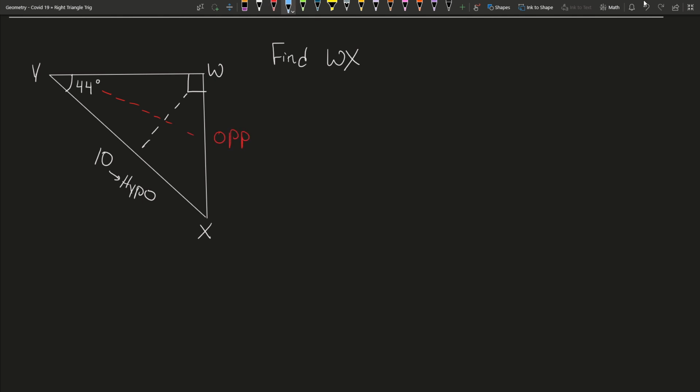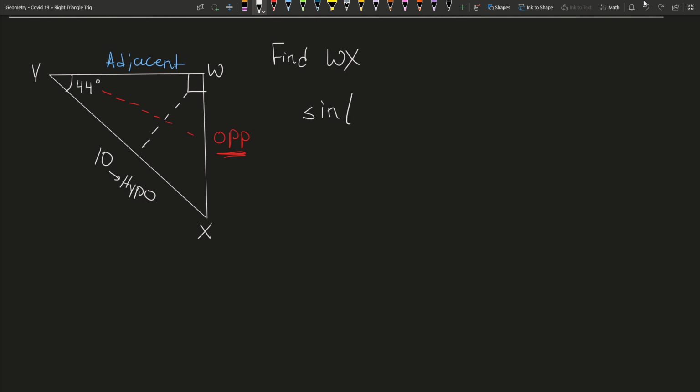And the other side left, that's our adjacent side. We want to find WX, which is the opposite side. So we need to find the opposite side, given the hypotenuse. So then we can set up an equation with opposite and hypotenuse in it, which would be sine.